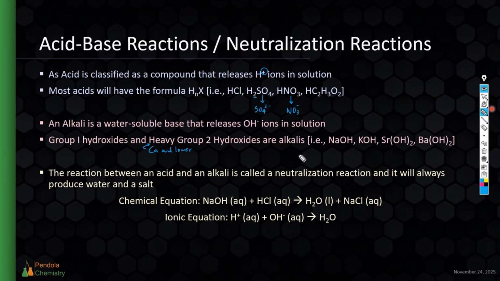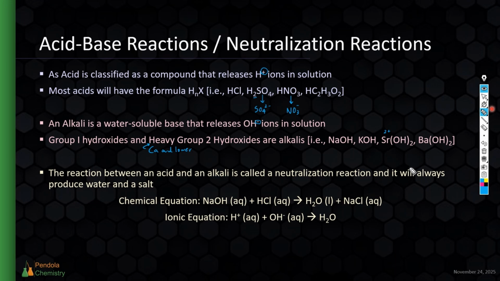So group 1 and heavy group 2 hydroxides: NaOH, KOH, Sr(OH)2. Why (OH)2? Because again, this is a group 2 element, so it is 2+ in charge, whereas hydroxide is 1-. Barium hydroxide, Ba(OH)2. These are all alkalis.